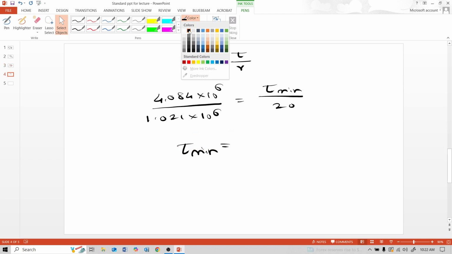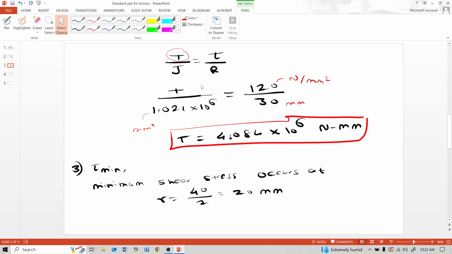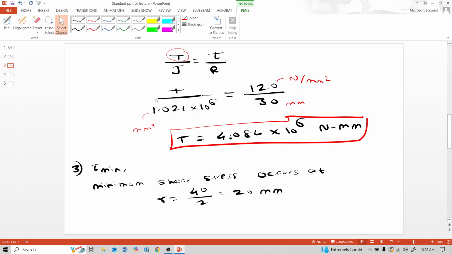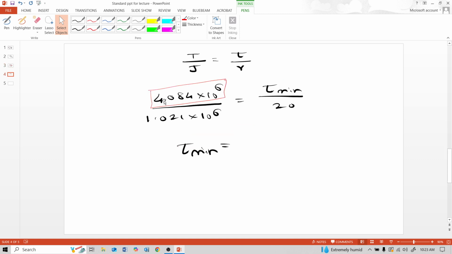That's why I put here T as the calculated T. So 4.084 into 10 raised to 6 into 20 divided by 1.021 into 10 raised to 6 is 80.